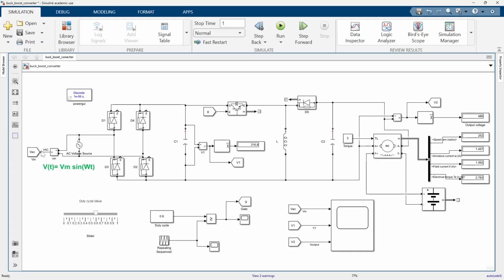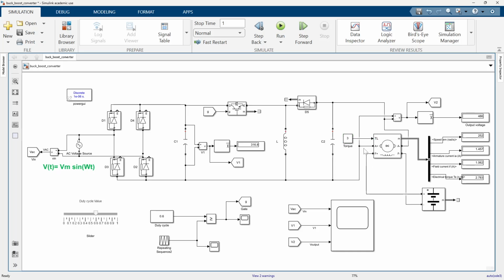This is measuring the AC voltage, or voltage across the source. Then V1 will measure the voltage across the DC-link, the rectifier DC-link. Then the output voltage will be measured by V2.